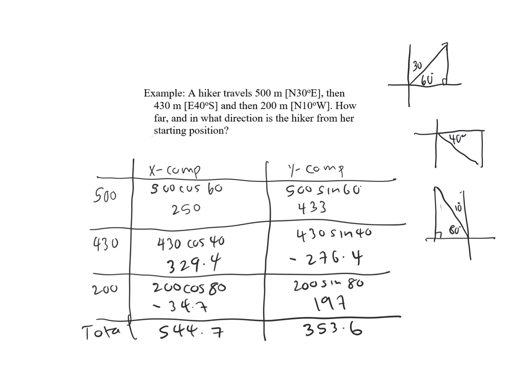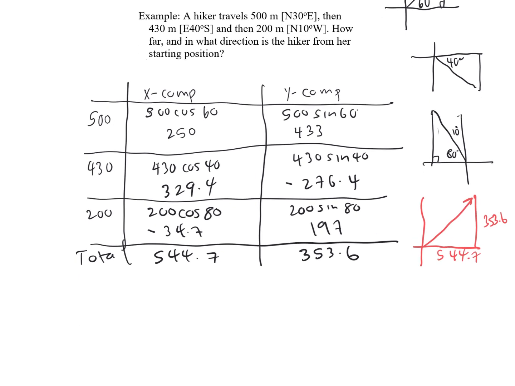Both components are positive, so that tells me that the resultant is over here in this direction. It's positive 544 to the right and 353.6 up. Okay, so let's find the magnitude of the resultant.